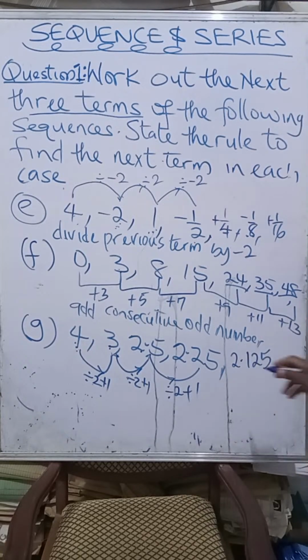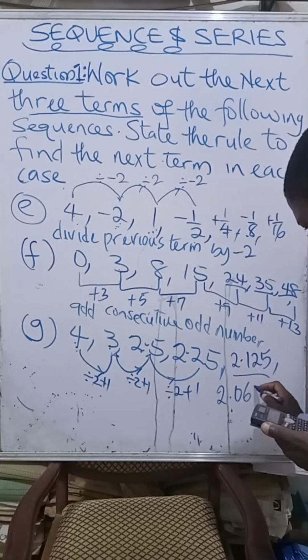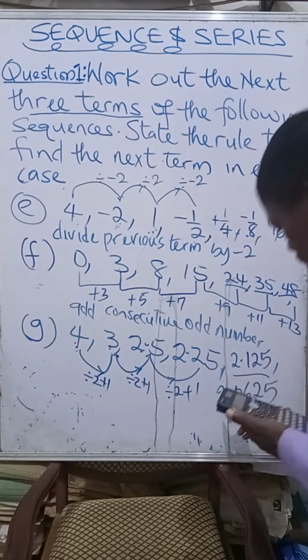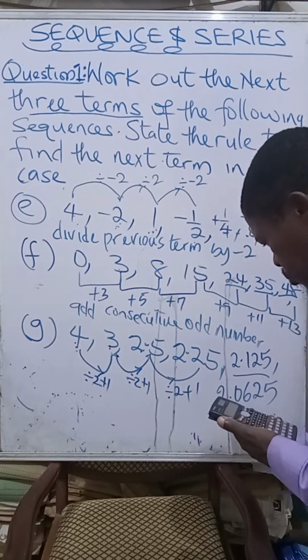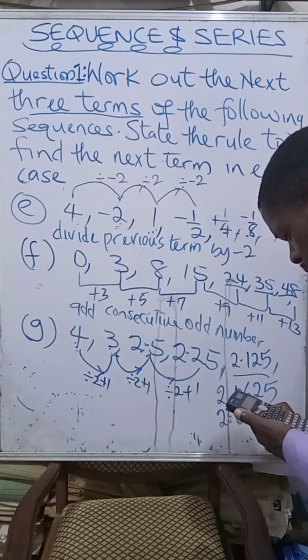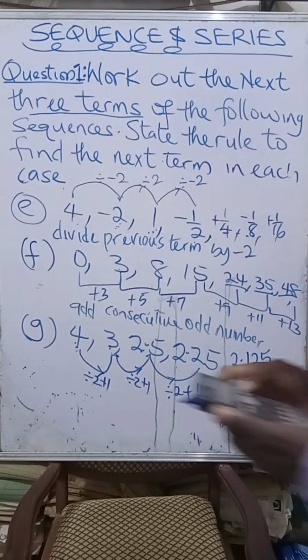Continue again. 2.125 divided by 2 plus 1 is going to give us 2.0625. Continue again, divided by 2 plus 1.